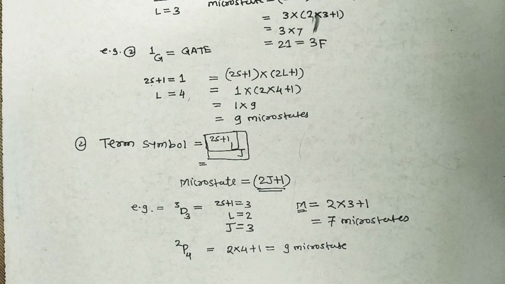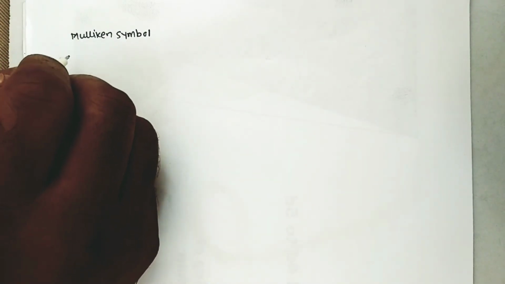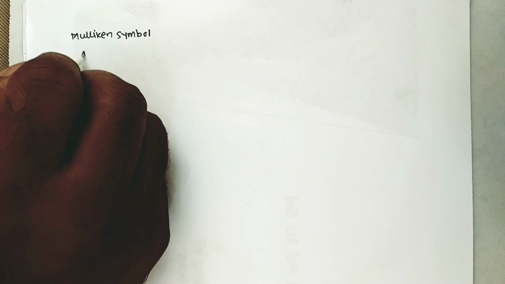Another thing is that when the Mulliken symbol is given, then we can also calculate the number of microstates. In the Mulliken symbol certain notations are used.